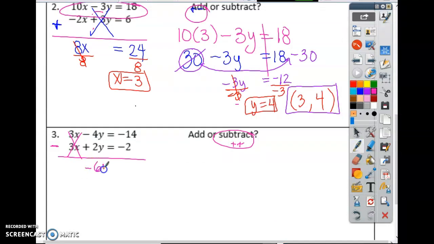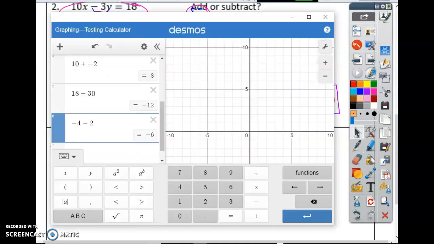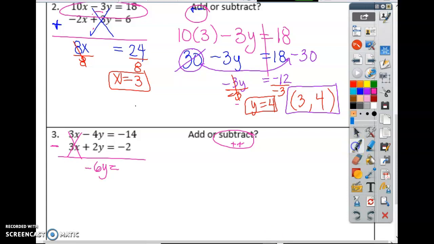Negative 6y equals, and then negative 14 minus negative 2. Negative 12. Okay, what's the last step? Divide by negative 6.